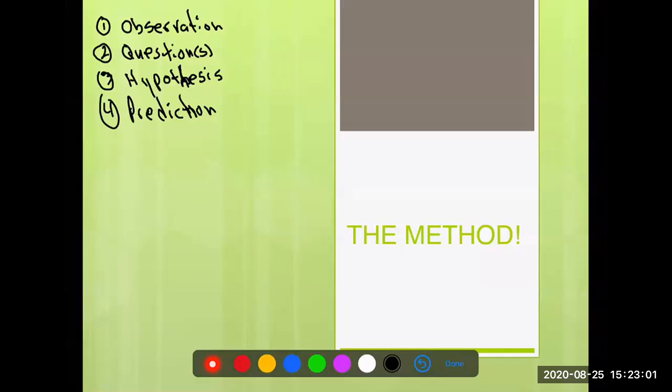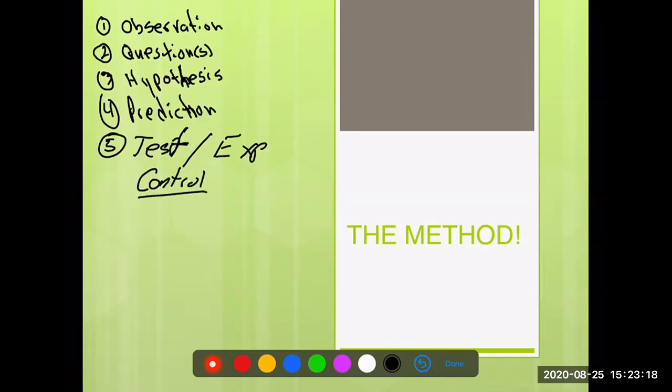And number 5 is the test or experiment. Oh, what's going on with my penmanship here? Every test or experiment should have a control. Without a control, you cannot draw conclusions about your experiment. We're going to see that in the later part of this presentation.